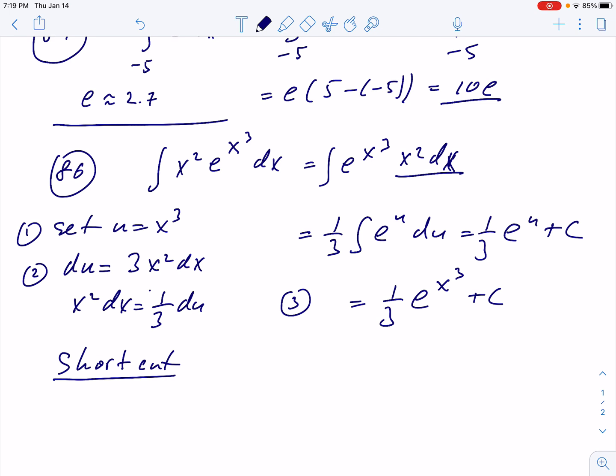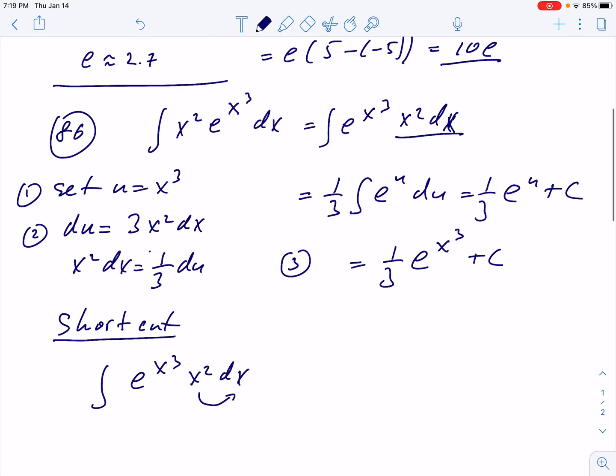So we can simply consider x squared dx as the derivative of x cubed over 3. So this is how we work. Just a moment. e to the x cubed times x squared dx. We integrate x squared, moving it behind this integration.